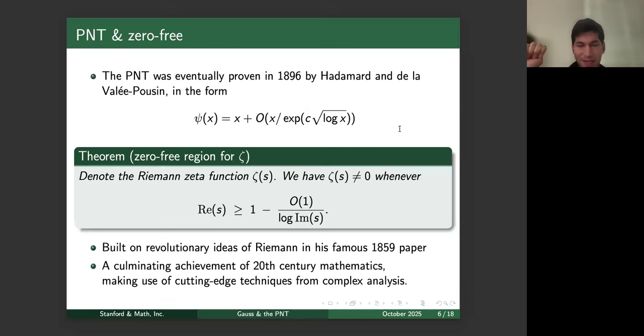We're not going to define it today, but it suffices to know that it is a function defined in the complex plane, and the technical statement they prove is that this function is never zero when the real part of the input is bigger than 1 minus epsilon, where epsilon is essentially 1 over the logarithm of the imaginary part of s.